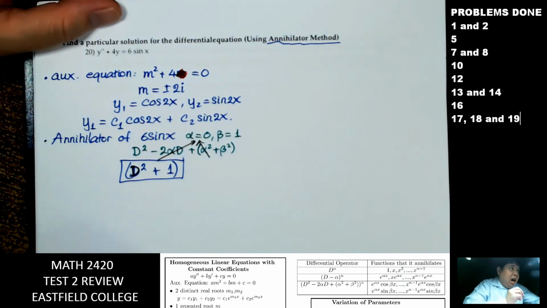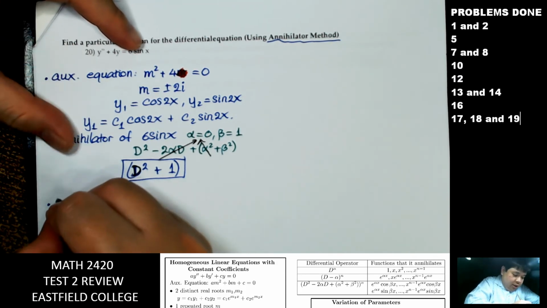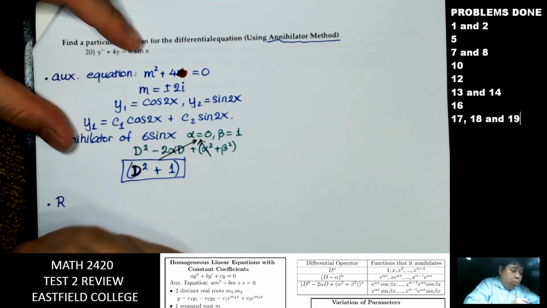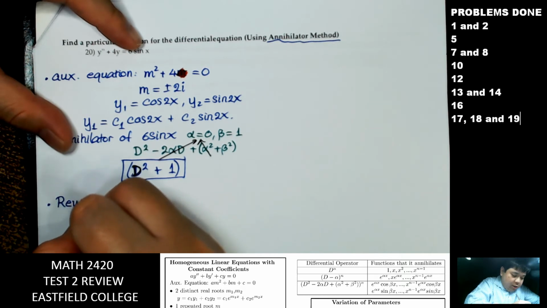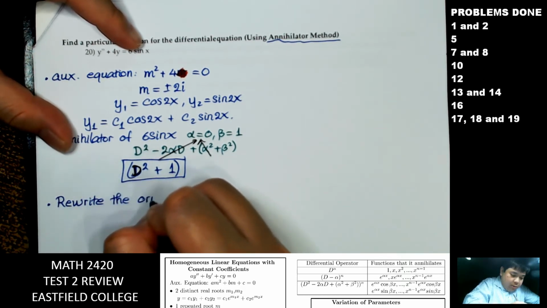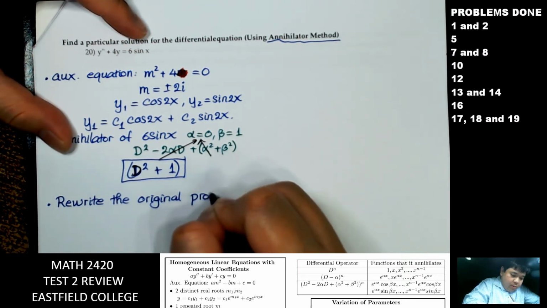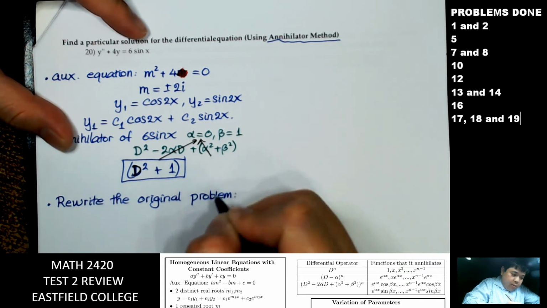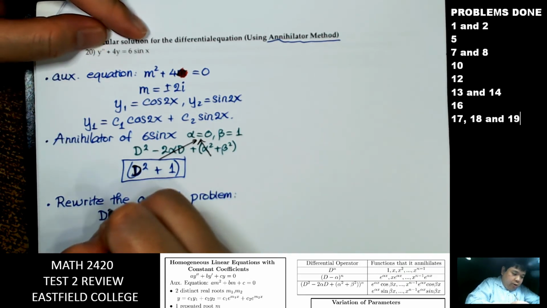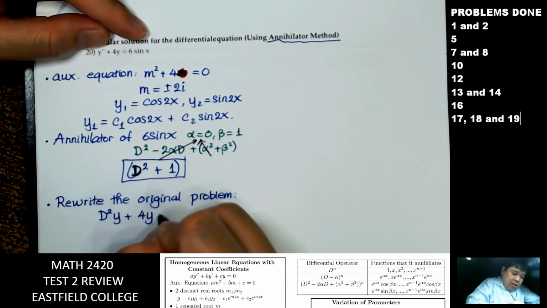Next, annihilator approach, we need to rewrite the problem using the differential operator. We use d squared for second derivative, and there's nothing here.